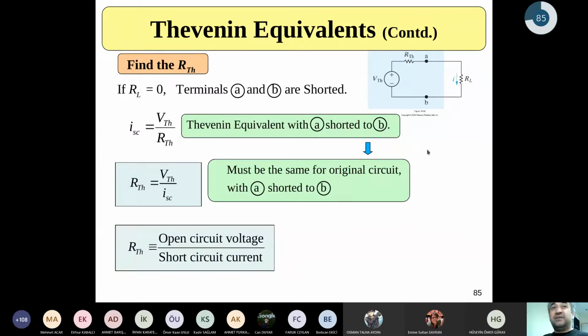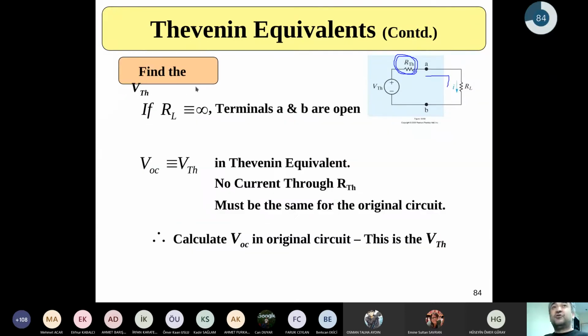That means we directly short circuit these two terminals. Instead of RL, we say the resistance between those two terminals is simply 0. Now the current passing through this can be calculated, and if we divide the voltage by that current, we can directly obtain the resistive value, the RTH.